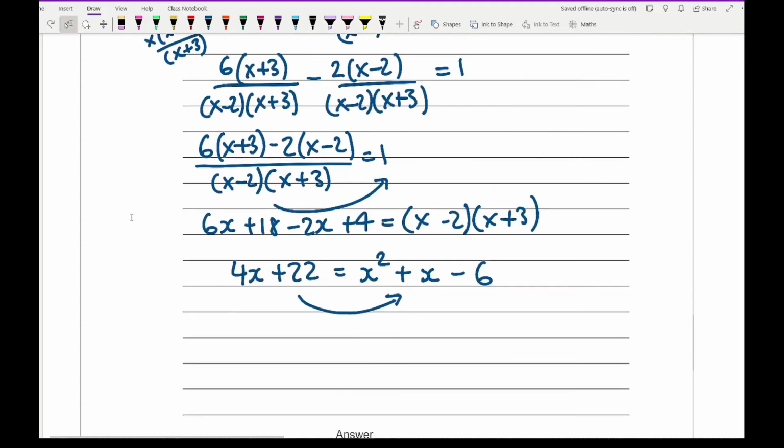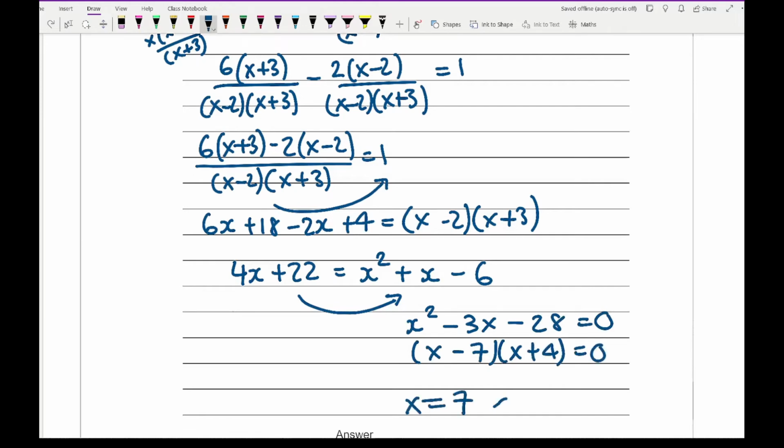So from this, what I've then got is x squared minus 3x minus 28 equals 0. So I've got x minus 7 x plus 4. I can just solve it like a quadratic, and so the values of x are x equals 7 or minus 4.